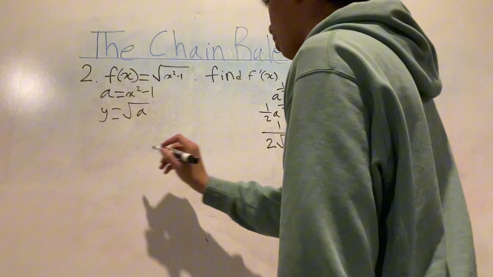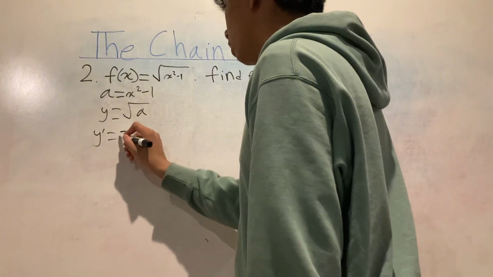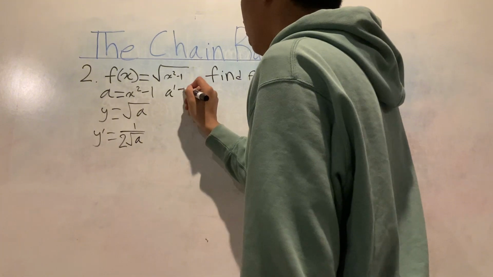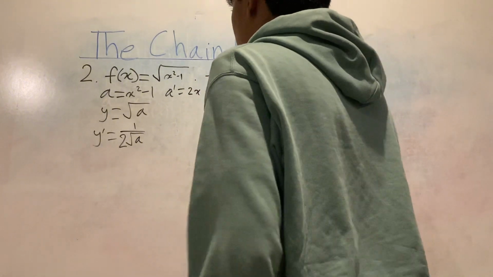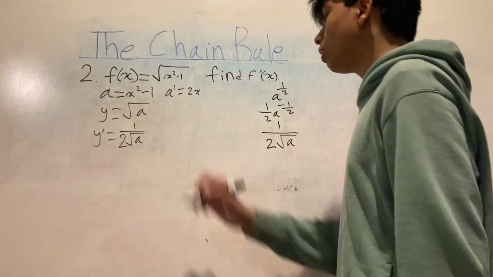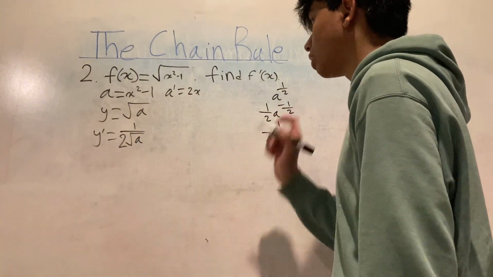Now this is y prime. So y prime equals 1 over 2 square root a. And now a prime is just going to be 2x, because with the power rule of x squared, 2 times x, and then 2 minus 1 is just 1. So 2x, and negative 1 is just a constant, so it's 0.